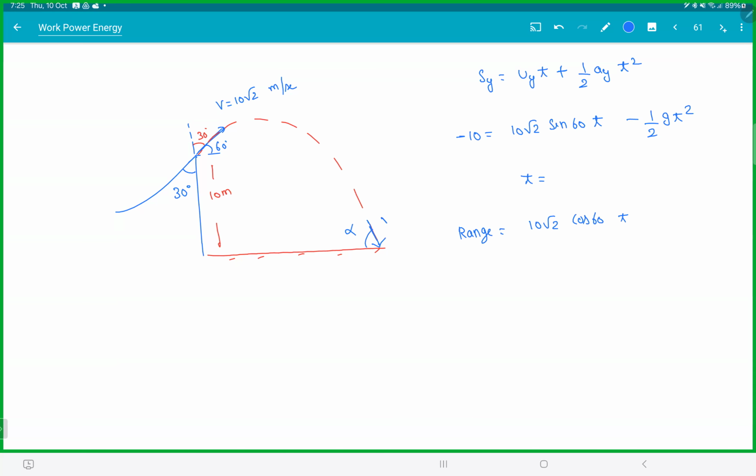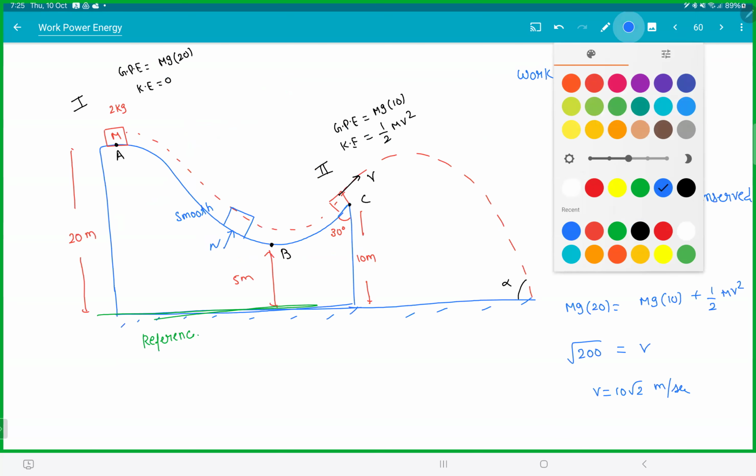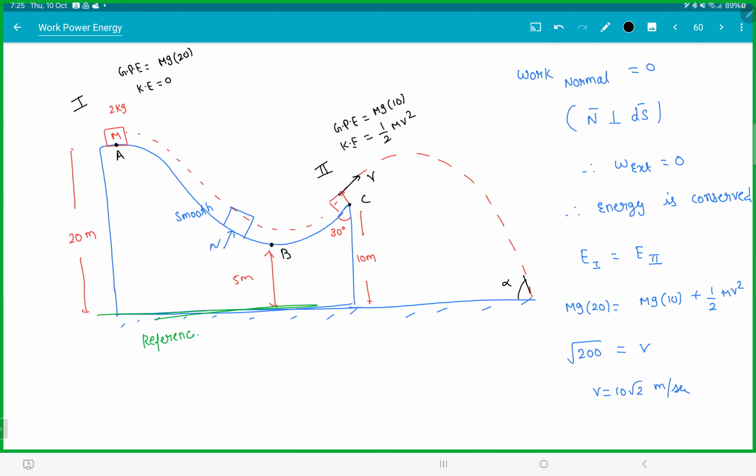At this instant, this velocity will be v dash. Again, I can use conservation of energy. Here, if the speed is v dash, this is my state 3. State 3: gravitational potential energy 0, kinetic energy half mv dash square.